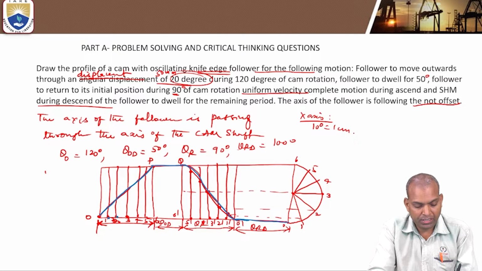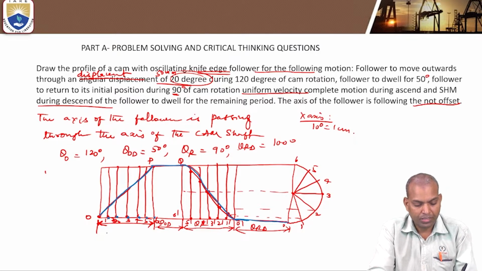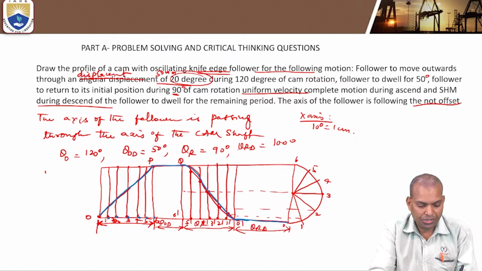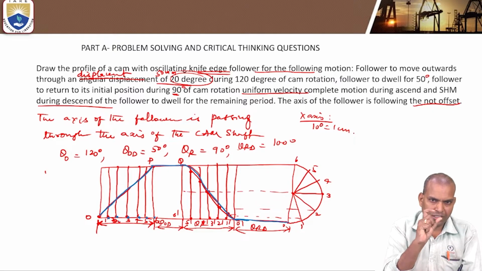What is the significance of the displacement diagram? Why are we going for these divisions? This 120 degrees, divided into 6, means each is 20 degrees. So at 1, the cam has rotated 20 degrees.